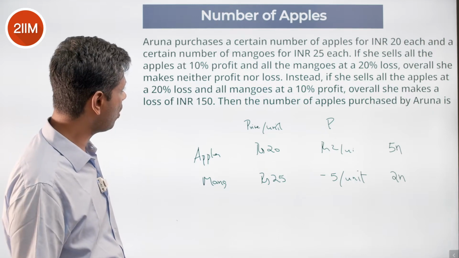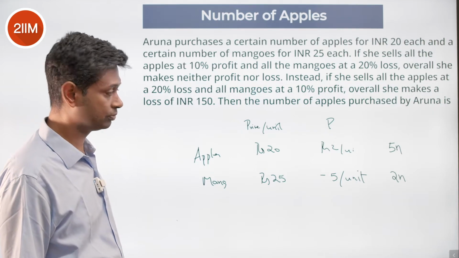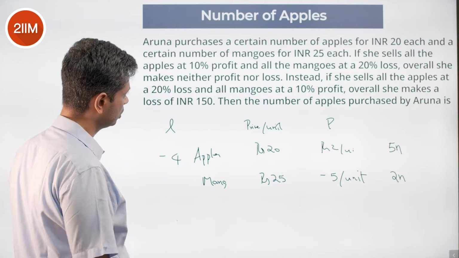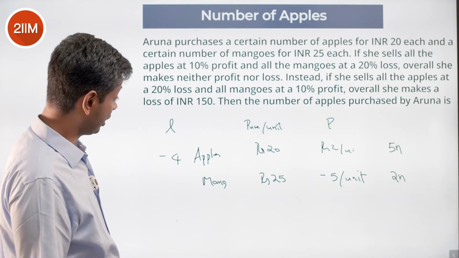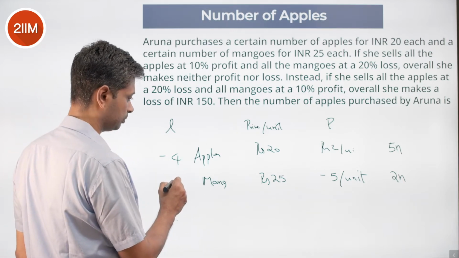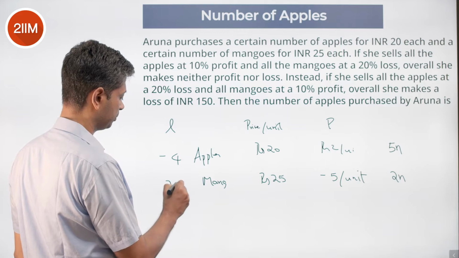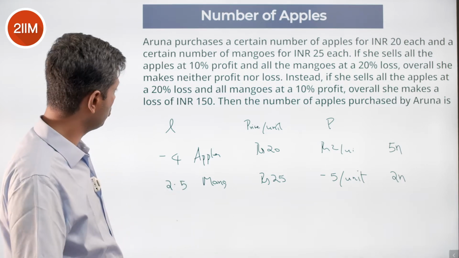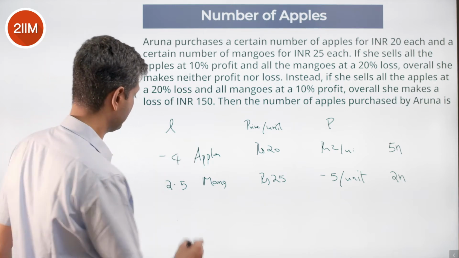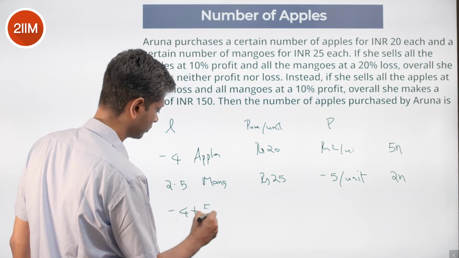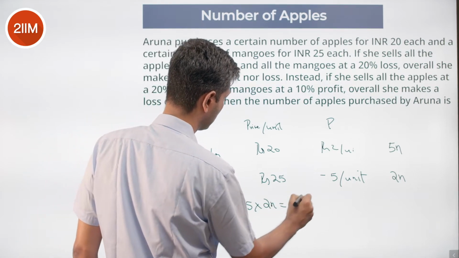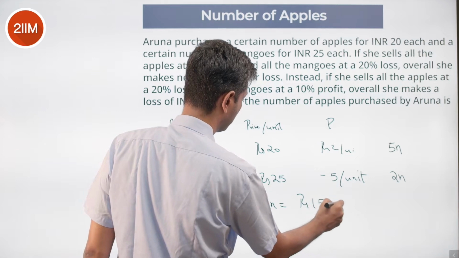Now instead, if she sells all the apples at a 20% loss, new scenario, the loss per apple is minus 4. The mangoes at a 10% profit, 25 into 10% of this is 2.5. Overall, she makes a loss of 150 rupees. So minus 4 into 5n plus 2.5 into 2n equals rupees 150, but a loss.